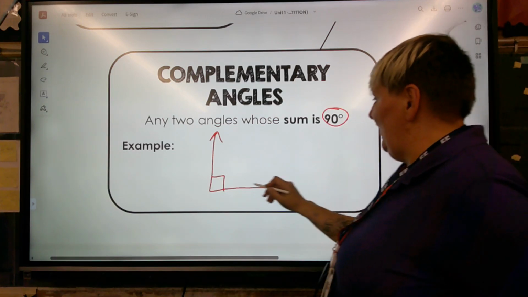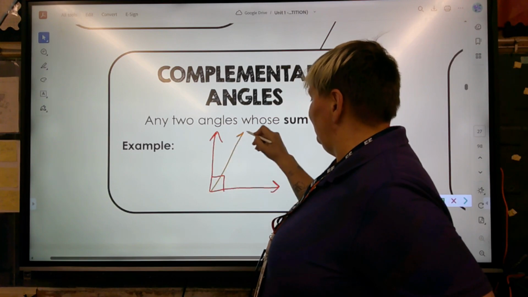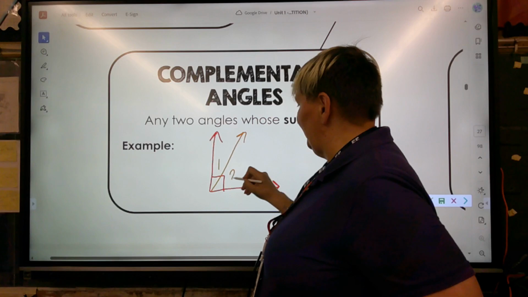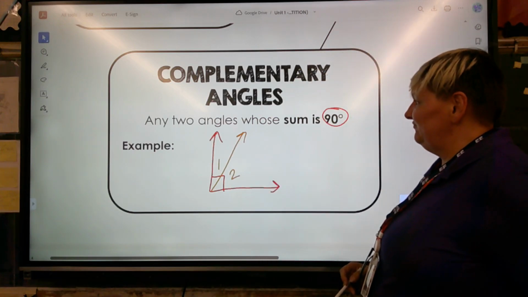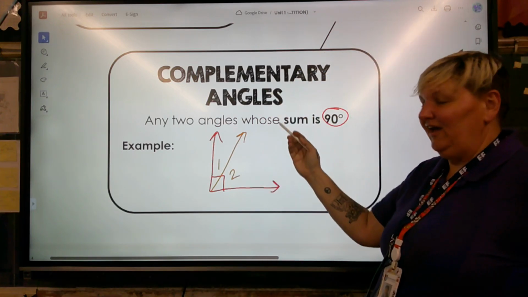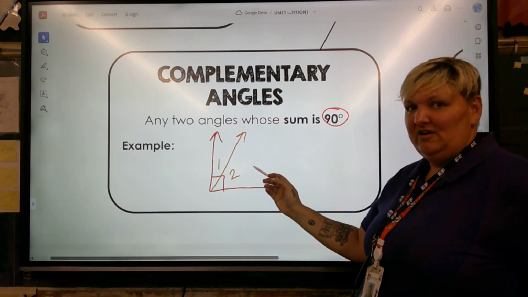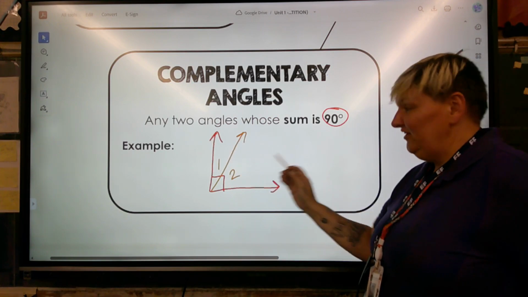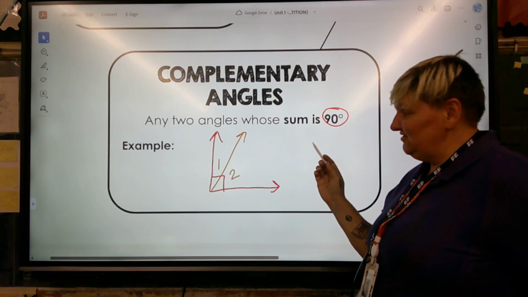So if you have something inside, now you have angle 1 and angle 2. They're complementary angles. They complement each other. They go together to equal 90 degrees.